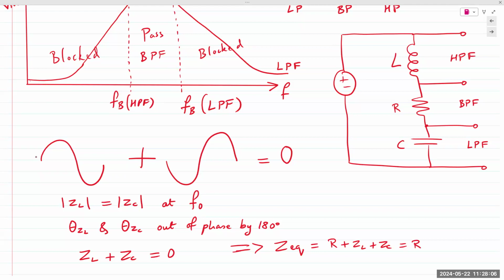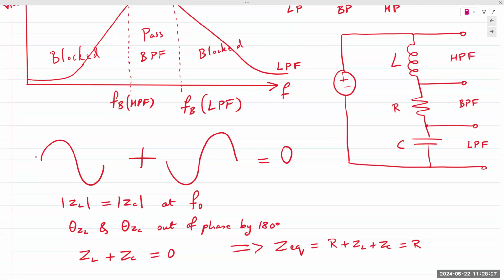Again, at one particular frequency known as the resonant frequency F0, the impedance of the capacitor and the inductor add up to 0. Because they add up to 0, the only impedance left in the circuit is the pure resistor R, and the output goes to max.